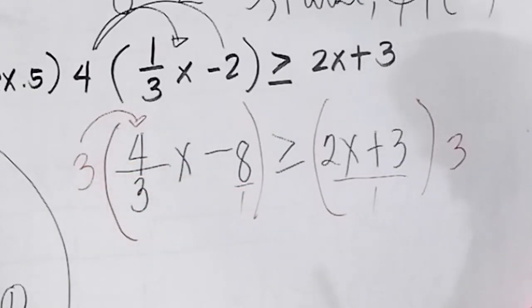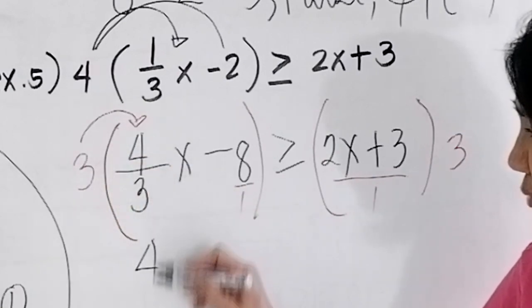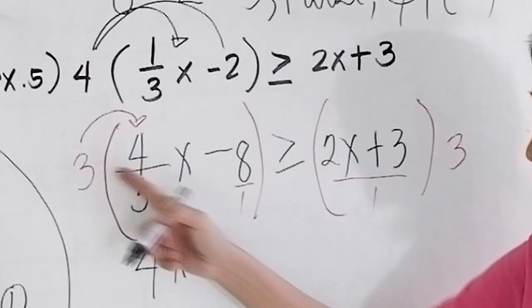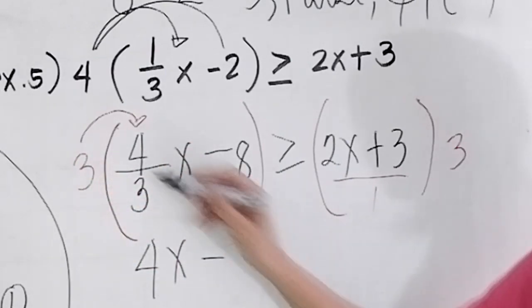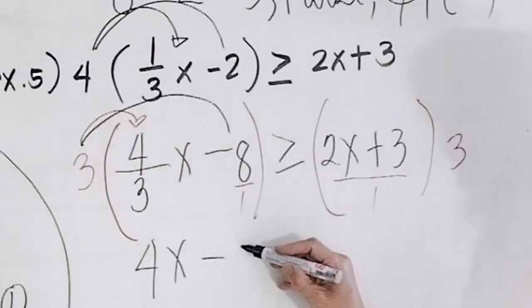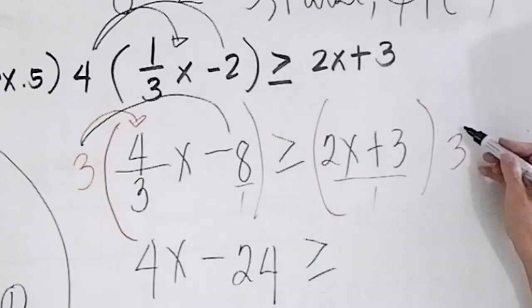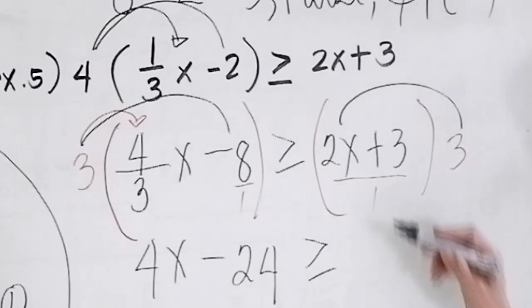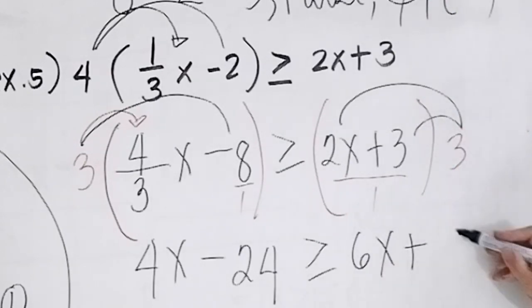You're left with 4x. Did you see that? This cancels, you're left with 4x. Minus 3 times negative 8. Negative 24 is greater than or equal to 3 times 2x is 6x plus 3 times 3 is 9.